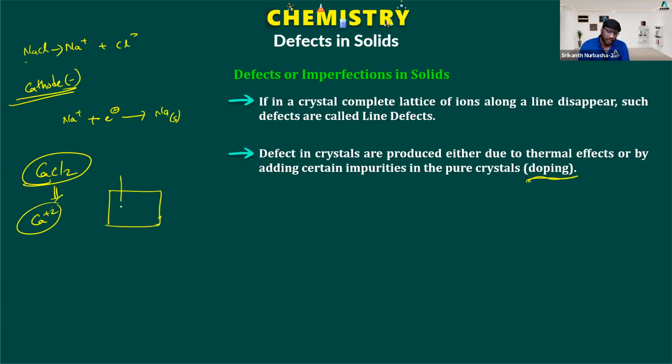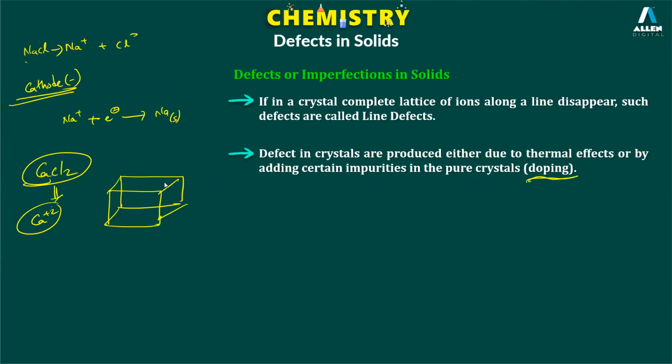The CaCl2 will have Ca2+, with respect to NaCl. In NaCl, where are the Na+ ions? Na+ are present at octahedral voids, and Cl- forms the lattice. Now, if I add CaCl2, the Ca2+ will occupy the octahedral void.